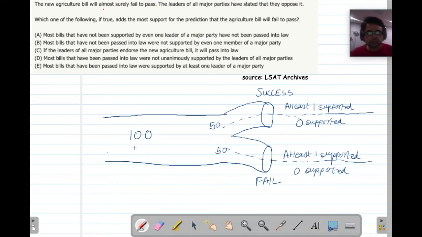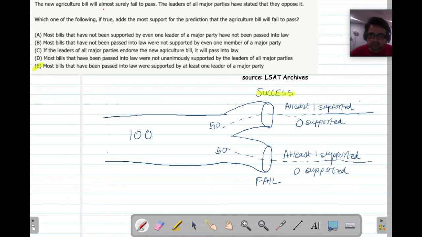So now we are going to look at choice number E. Most bills that have been passed into law, so we are talking about success here, were supported by at least one leader of the majority party. Okay, so we know something about these 50, and what it is saying is at least one supported is the most.